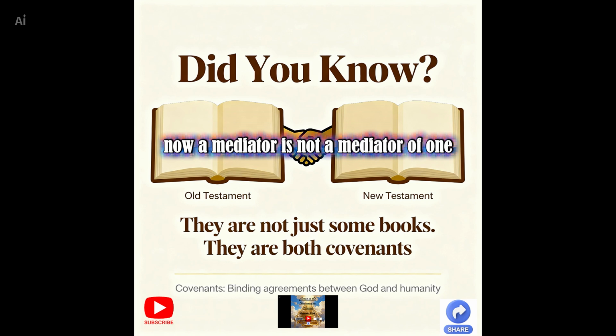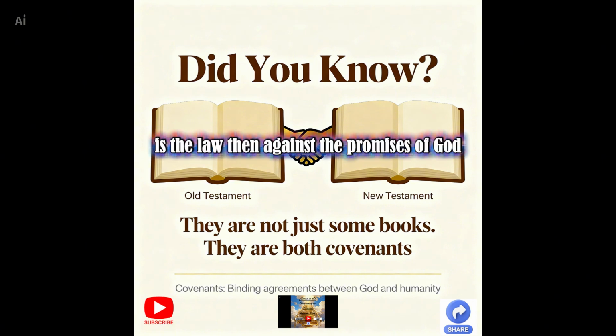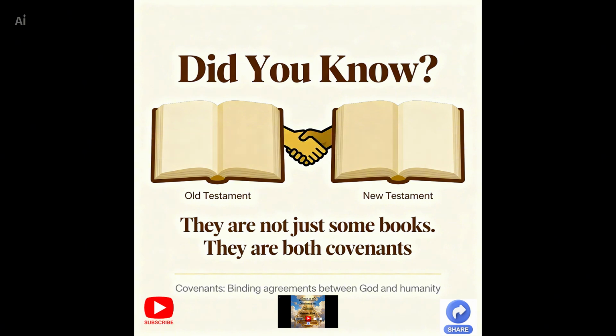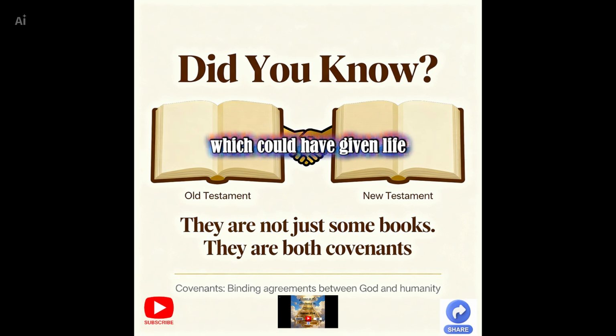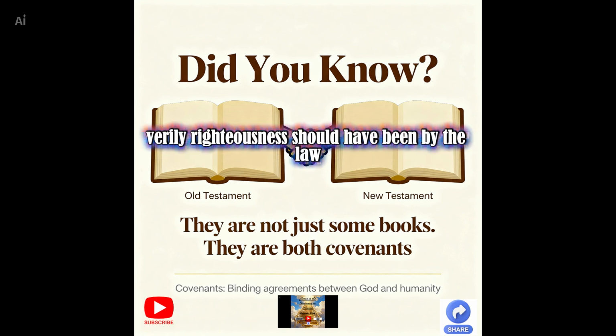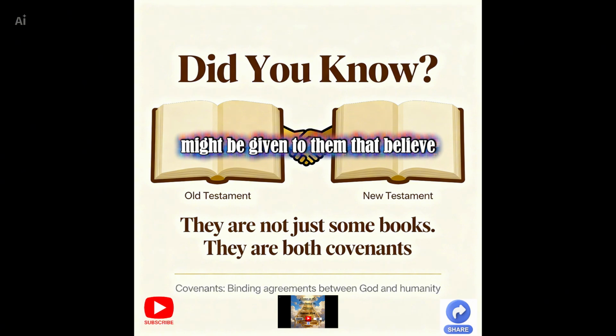Now a mediator is not a mediator of one, but God is one. Is the law then against the promises of God? God forbid. For if there had been a law given which could have given life, verily righteousness should have been by the law. But the Scripture hath concluded all under sin, that the promise by faith of Jesus Christ might be given to them that believe.